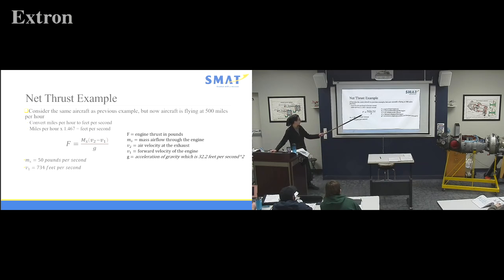So 50 pounds per second still, but now 734 feet per second that we're going forward. Our engine is moving through the air. And our exhaust velocity is still 1,300, with 32.2 for acceleration due to gravity. And we get 878.9 pounds of thrust.